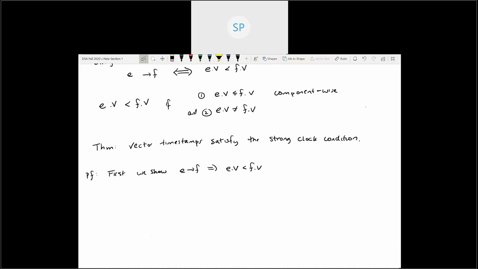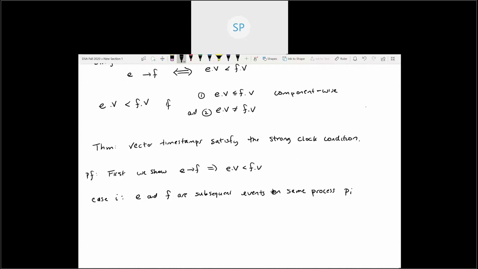And so the first one is kind of like local events. Case one, we're going to consider when E and F take place on the same process. So E and F are subsequent events on the same process P_i, so they take place one right after the other.